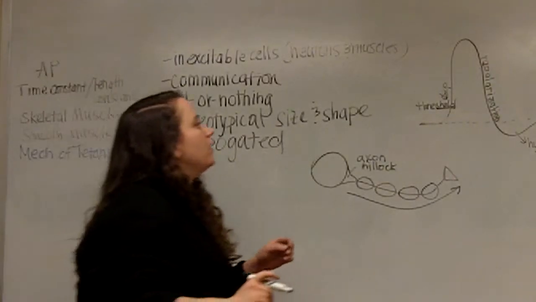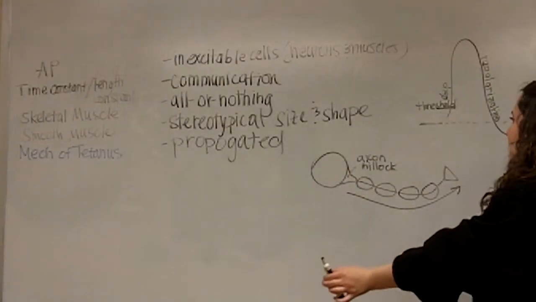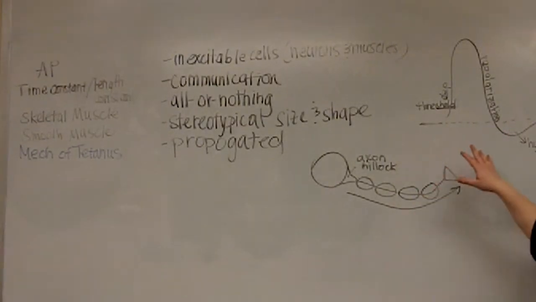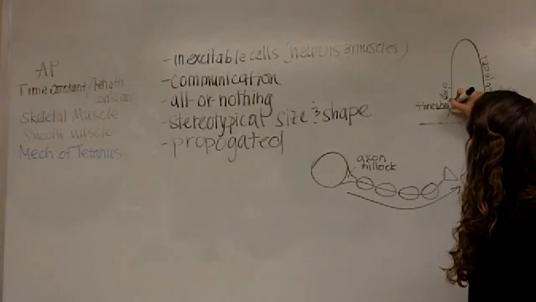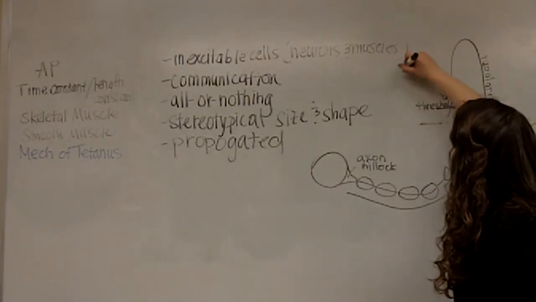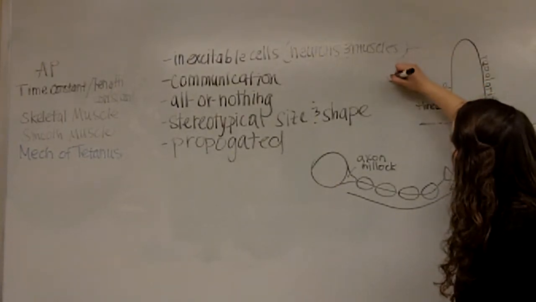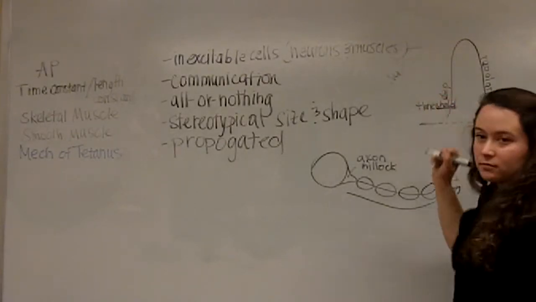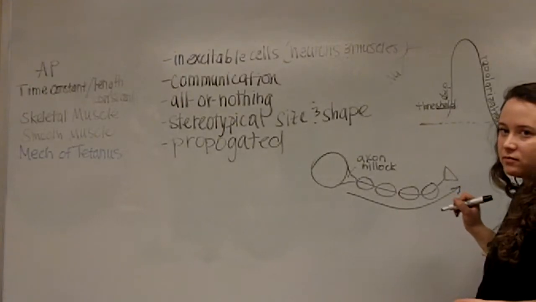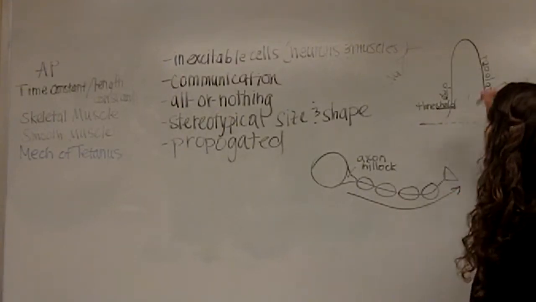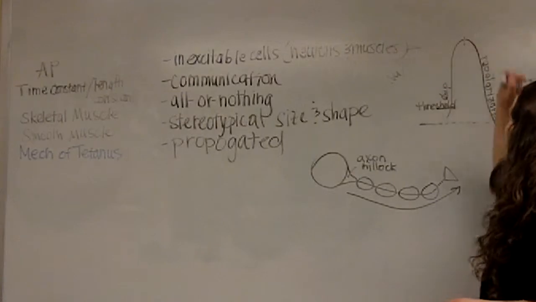Okay, so looking at this picture, what's happening with the ions during this time is, from here to here, this is caused by your sodium coming in. That's what's making you more positive. So from threshold to the peak.